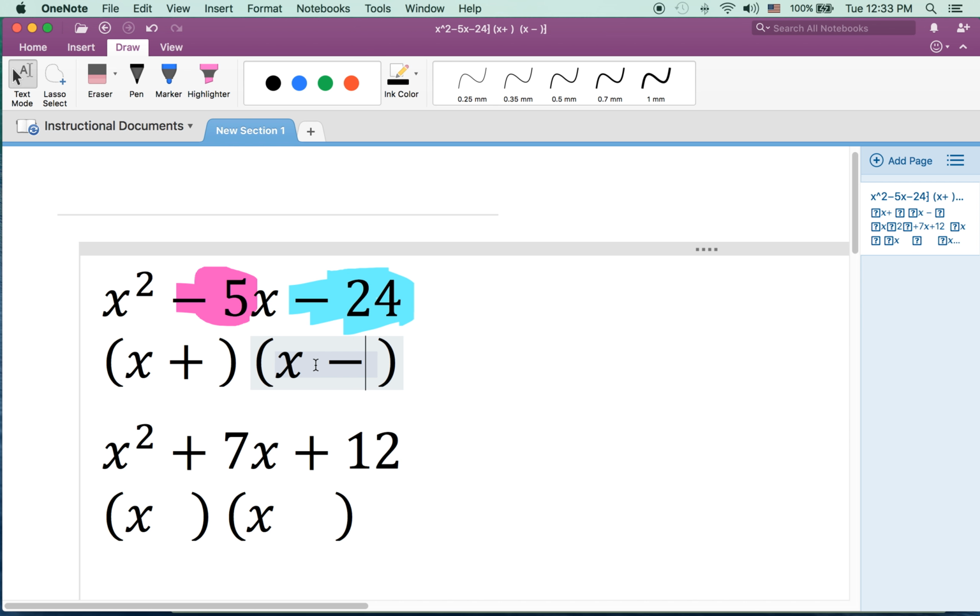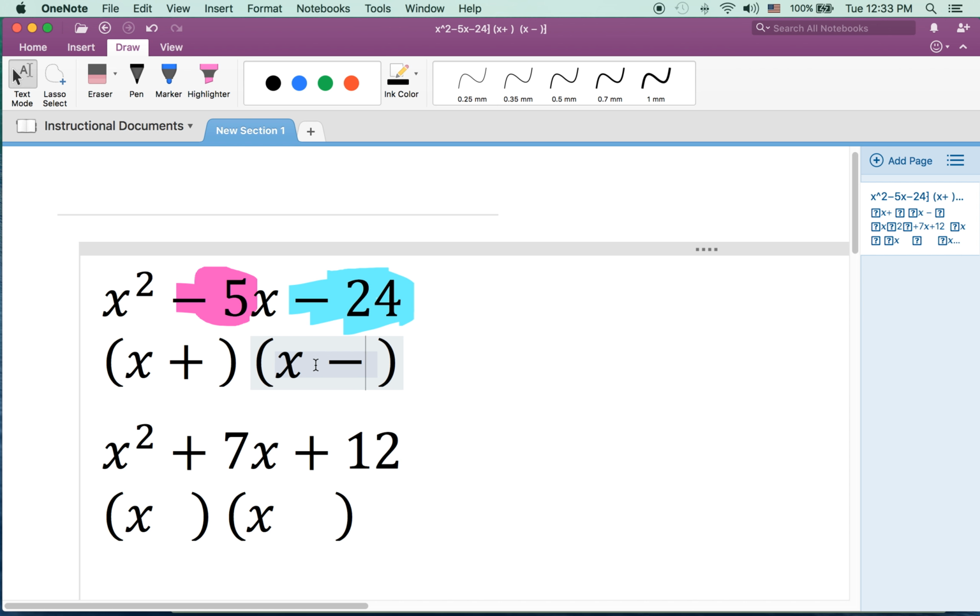The reason is because a negative times a positive is a negative. And you know that a positive times a positive is a positive, and a negative times a negative is a positive. So we have to go with positive and negative.